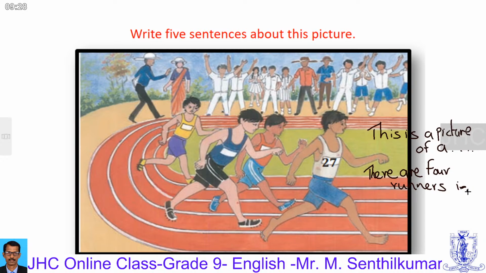Or you can simply say number 27 is running in front. Have you understood that? Or the student with number 27 pinned on his waist is running in front of the race.